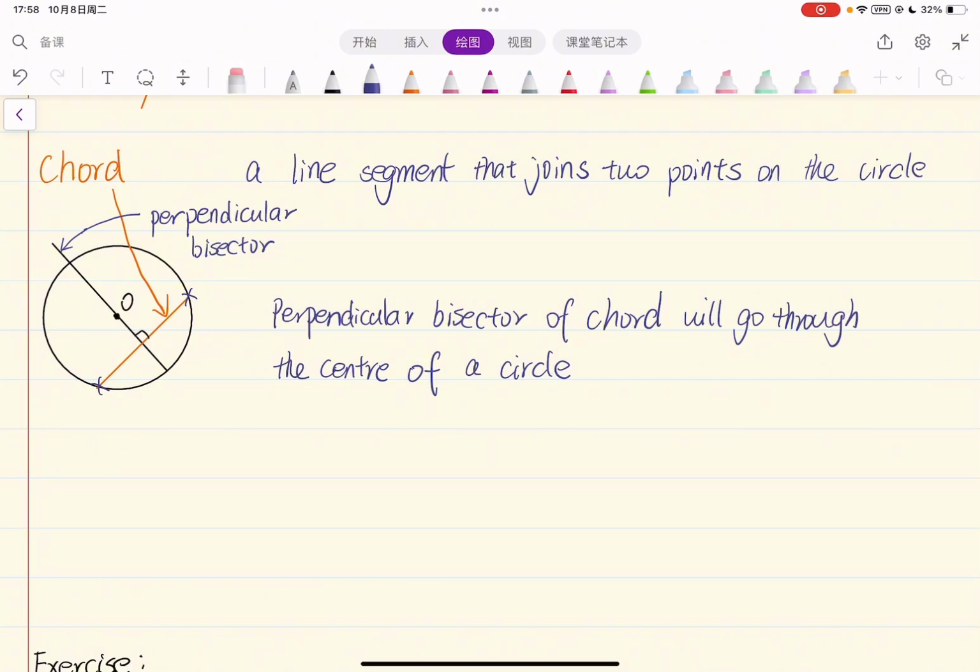So we see that the perpendicular bisector of the chord is this line and passes through the center. You need to remember the property of the perpendicular bisector, that it halves the chord and is perpendicular to the chord. Remember this one.